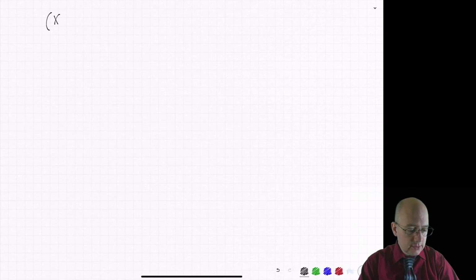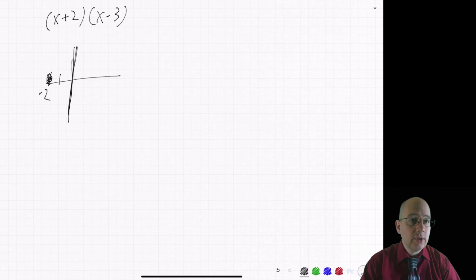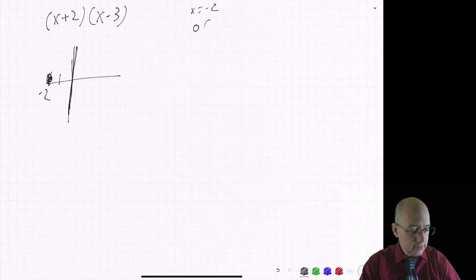So x plus 2 times x minus 3. So this thing tells me the following information. At minus 2, I have a 0. Why? Because when I put in x equals minus 2 in there, I have 0 times x minus 3, which is 0, right?